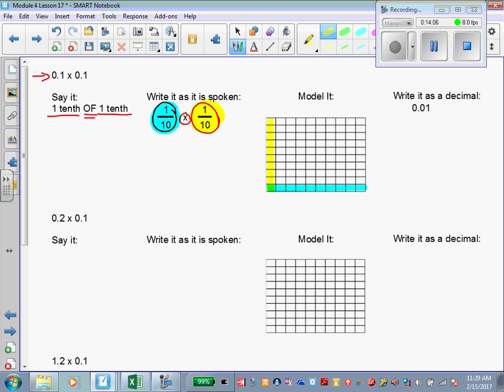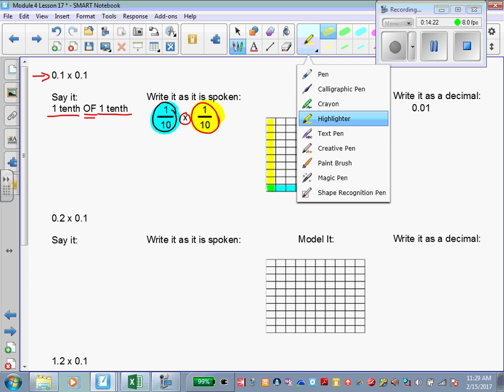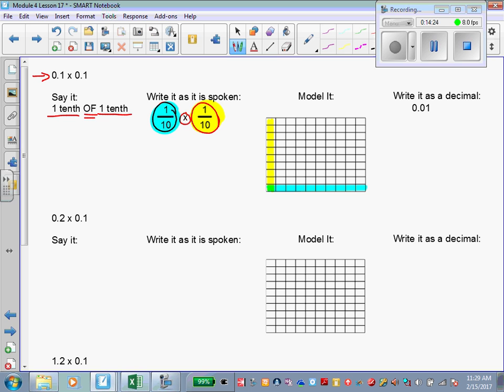Look at our model. I showed 1/10 with the row, and then I did 1/10 with a column. And how many boxes are green? One. So if I'm looking at it, this is one box out of how many boxes? 100.